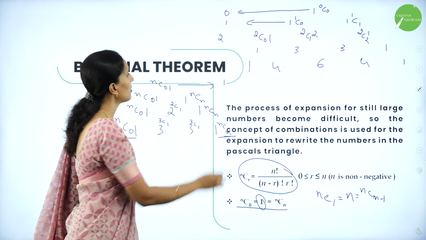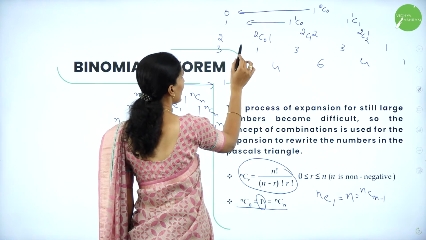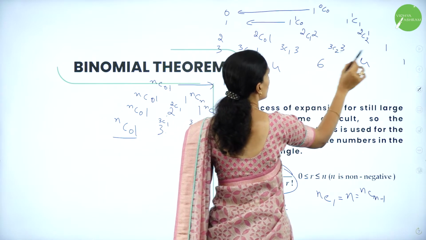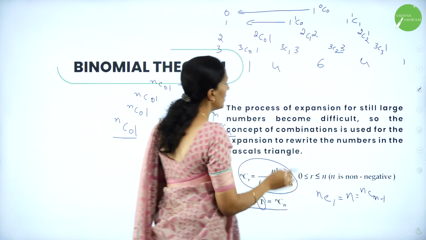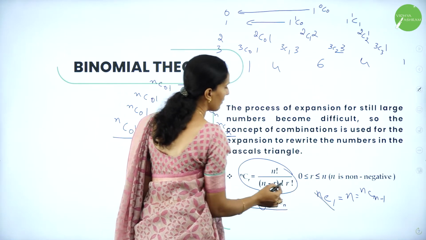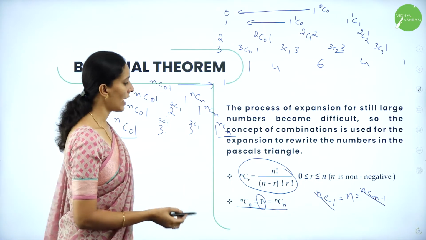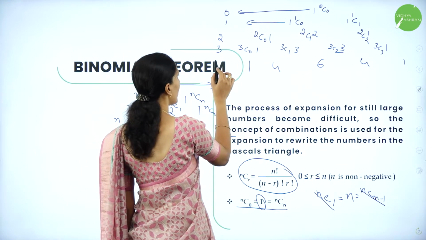Now this is for the index 3. So this is nothing but 3C0, 3C1, 3C2 and 3C3. So 3C1 is like nC1, and 3C2 is like nC(n-1), which is n only. Again, this is for index 4.